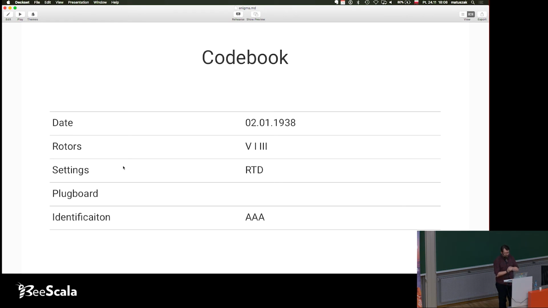The army introduced another difficulty to this. They thought it was a difficulty. They introduced something which would, one, make it more difficult to break, and second, work as a checksum or something like this. So they decided to pick 3 random letters, and make 2 triples.